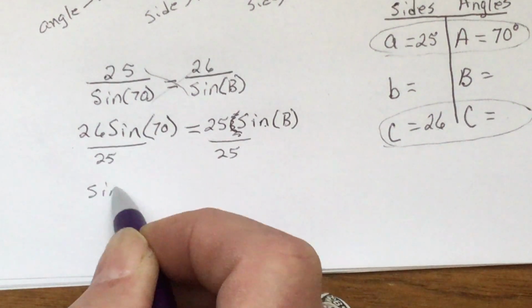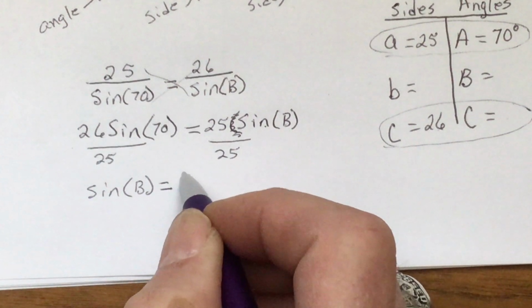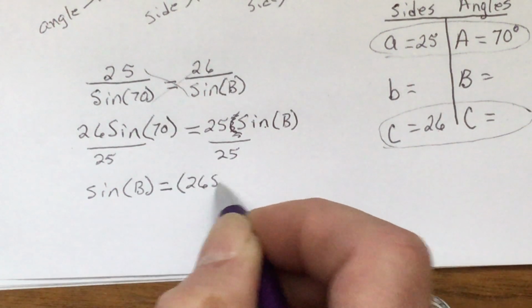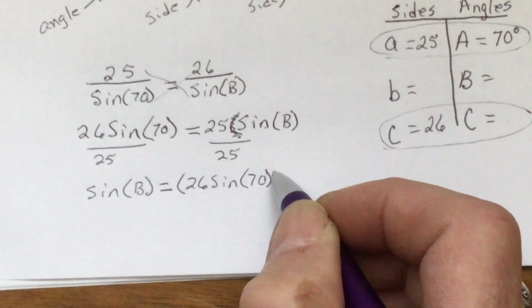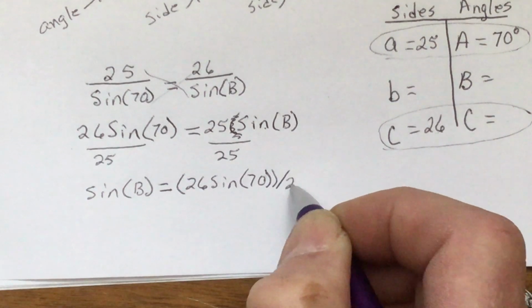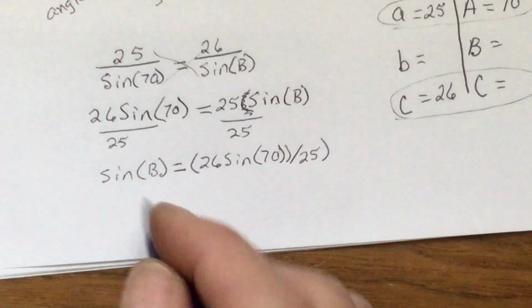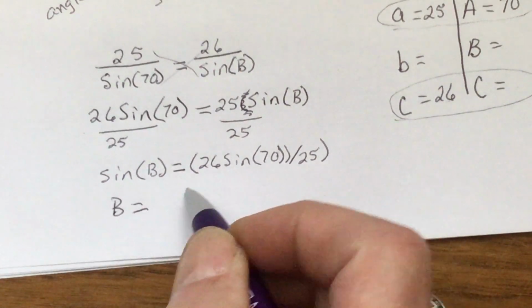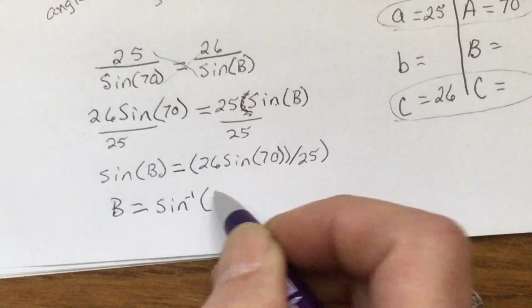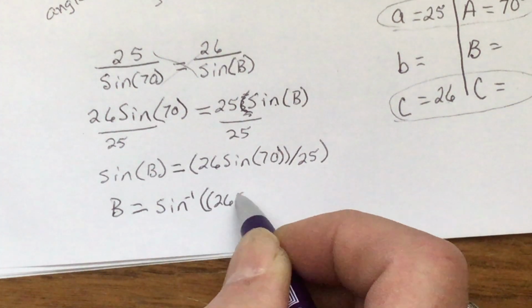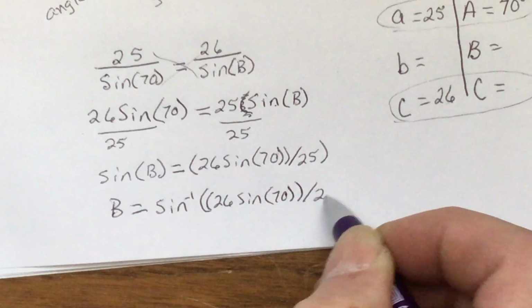So sine of B equals 26 sine of 70 divided by 25. So in my calculator, B will equal inverse sine of 26 sine 70 divided by 25.